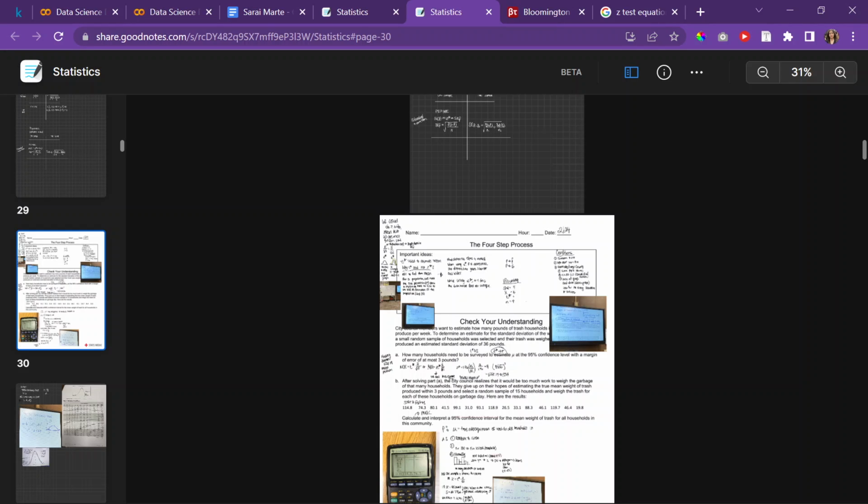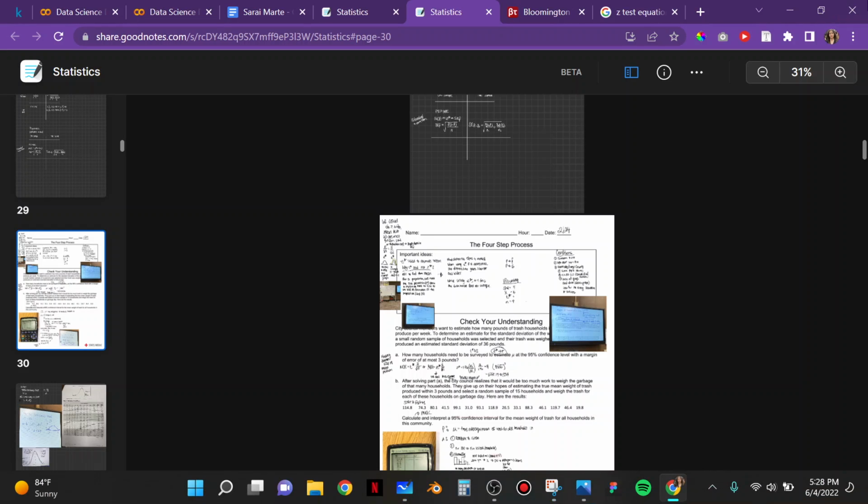Statistics, search, assuming that the null hypothesis is true. Oh, it's page 64. Let's look at page 64.